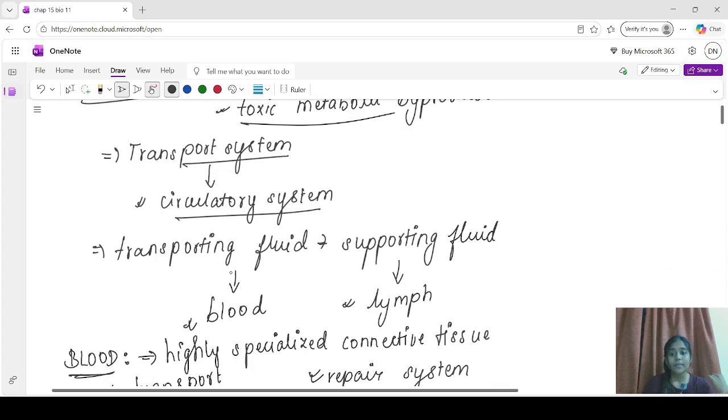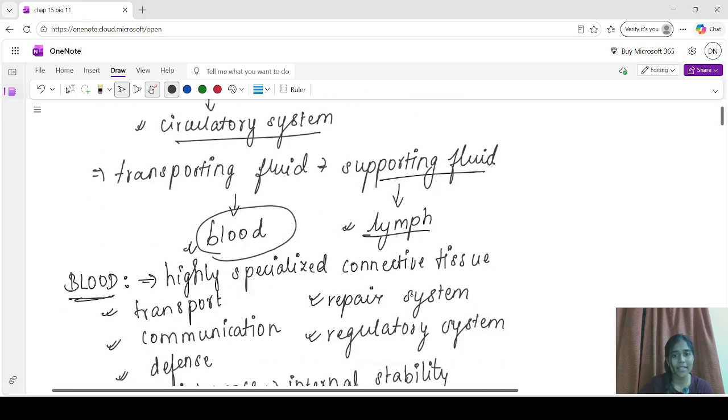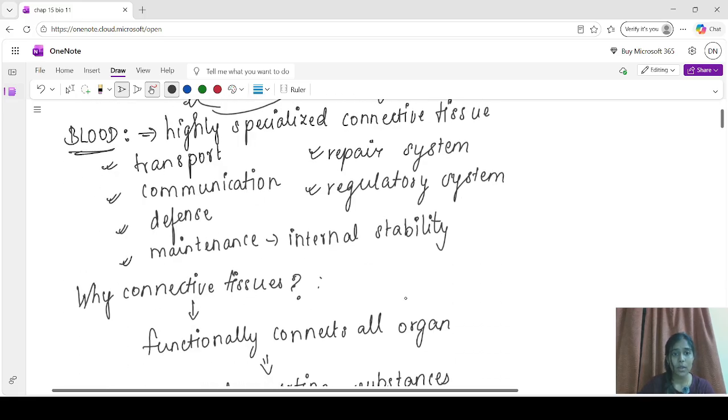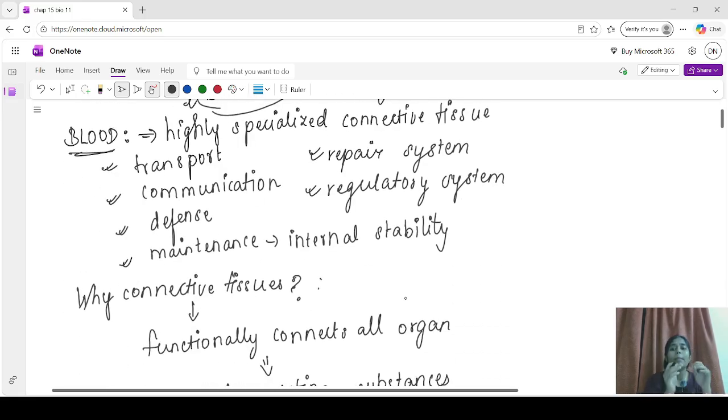The main transporting fluid in the circulatory system is called blood, and there is another fluid called the supporting fluid, which is nothing but lymph. Now let us start with blood. Blood is not merely a liquid, actually it is a highly specialized connective tissue, which is designed for transport, communication, defense, and maintenance.